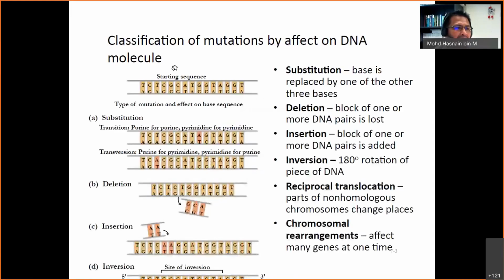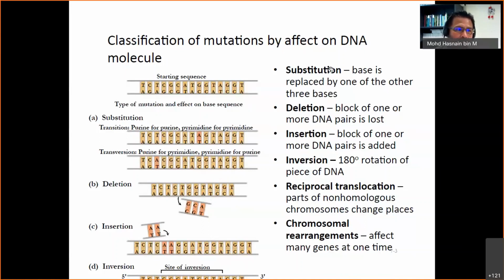Okay, and then classification of mutation by the effect on the DNA molecule. There are several different ways of how mutation can occur. Substitution, you just imagine like in a game where you replace one player with another.